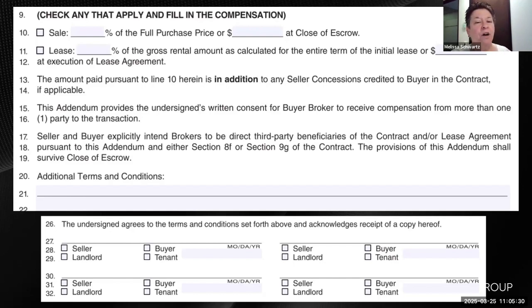And look up above, right? This says that the undersigned consent to receive compensation for more than one party of the transaction, that they explicitly intend brokers to be direct third-party beneficiaries of the contract. Provisions of this addendum survive close of escrow. When you are not using this addendum, you are not protecting yourself as a buyer broker. Does that make sense? It's so important.